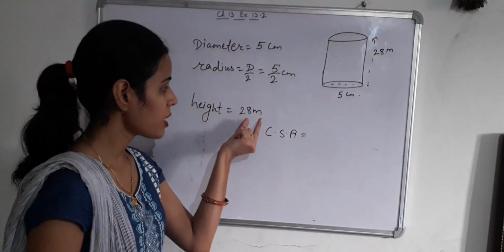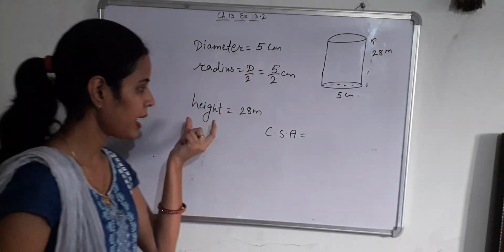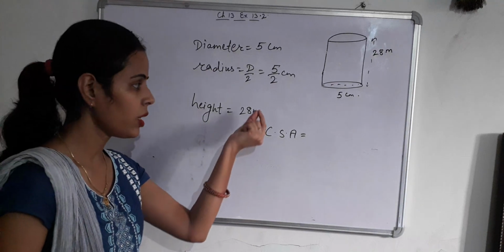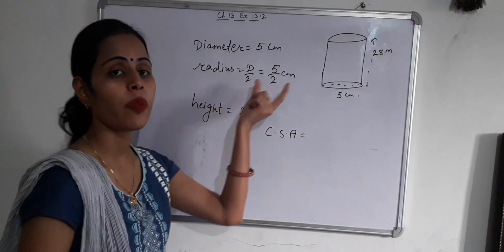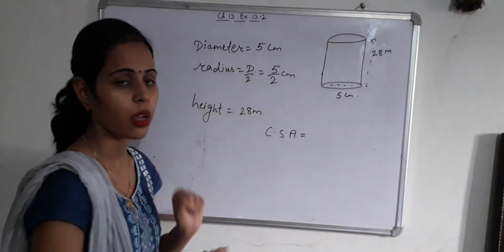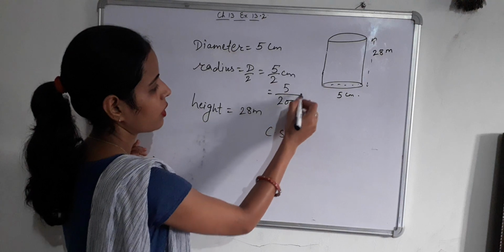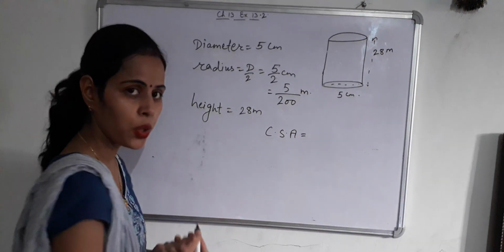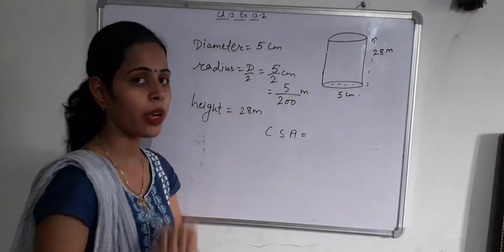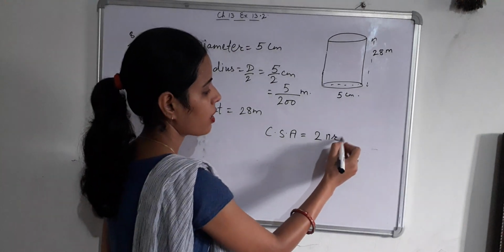Here length is given in meter. In case of cylinder you can say that length or height is given in meter, but radius is given in centimeter. First convert this unit into meter. 5 upon 200 meter. 2 into 100, 200. 5 upon 200 meter. Now put here 2 pi r h.